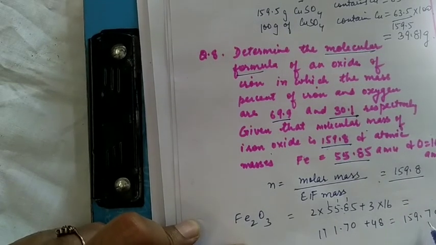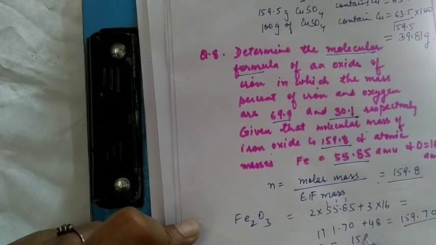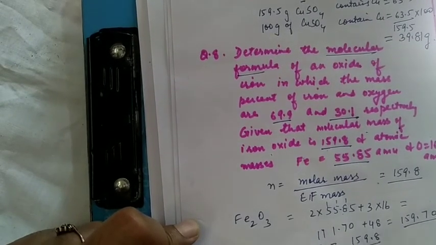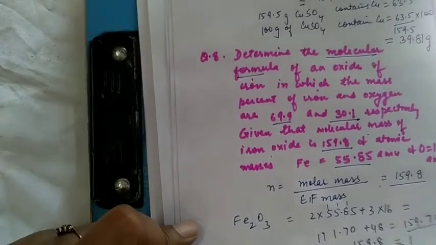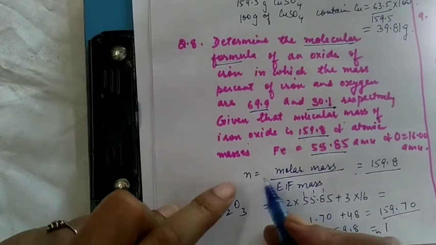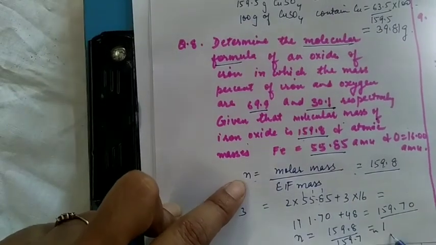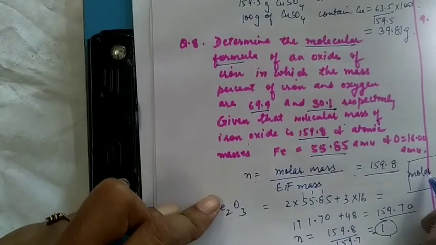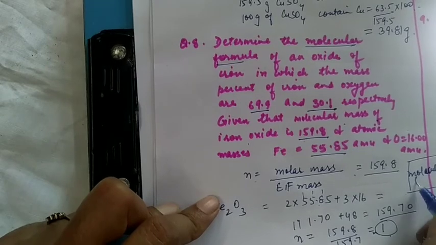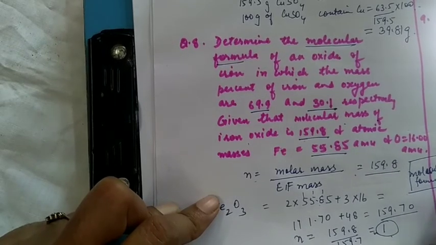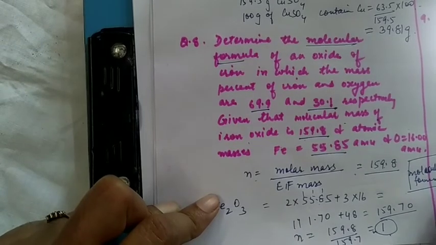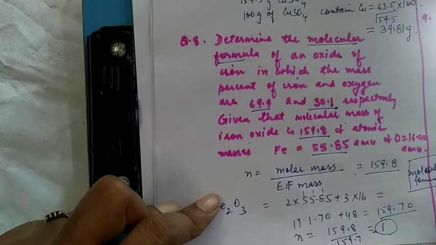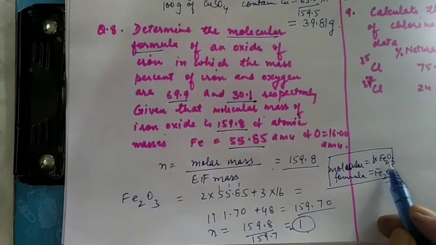So empirical formula mass is the same as the molar mass. So N is 159.8 upon 159.7. This is almost equal to 1. So N is 1. Molecular formula is N into empirical formula, 1 into Fe2O3, which is Fe2O3.